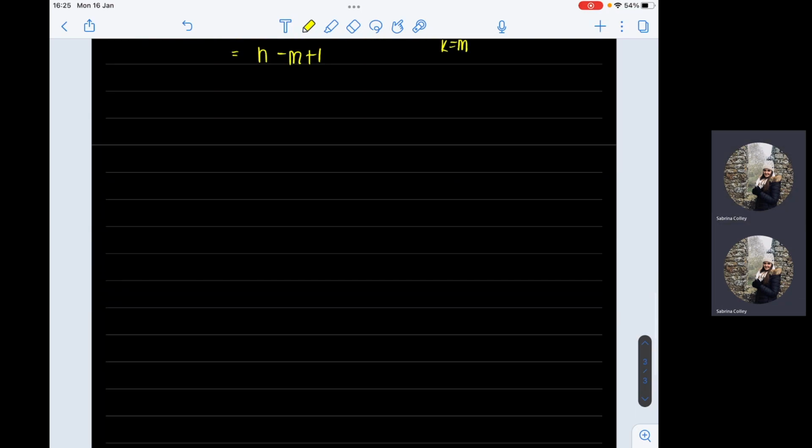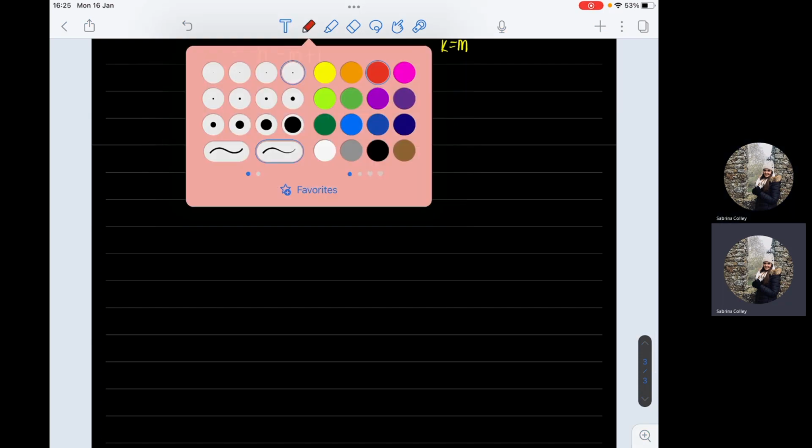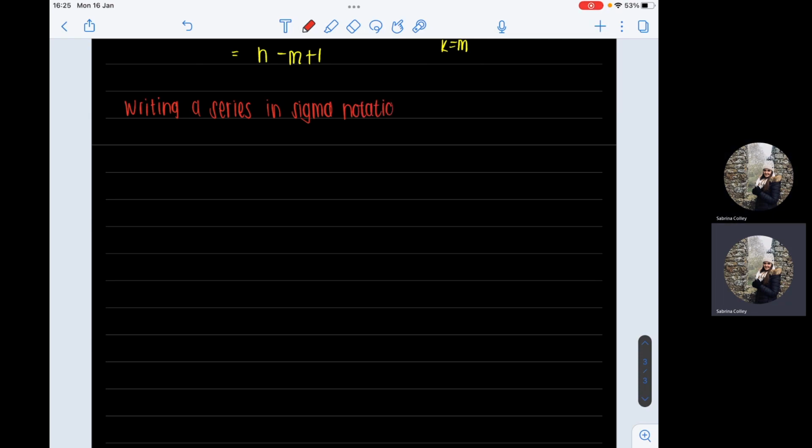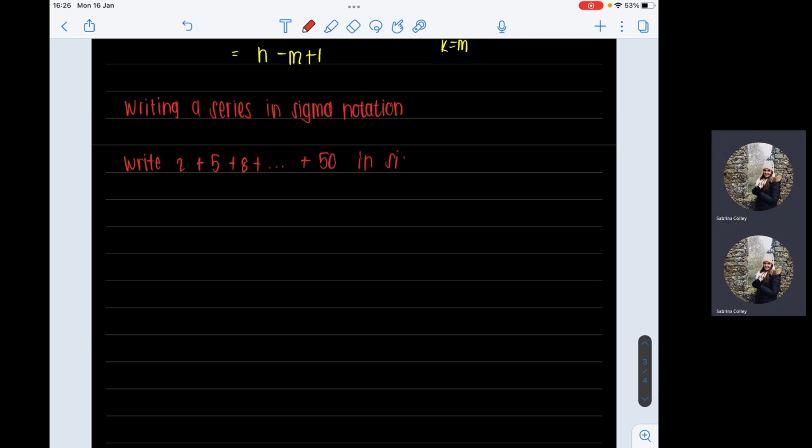Say I write 2 plus 5 plus 8 plus, and it goes on up until 50, in sigma notation.